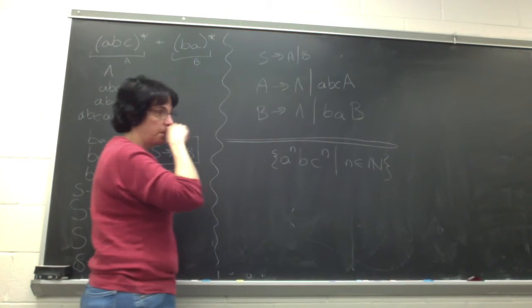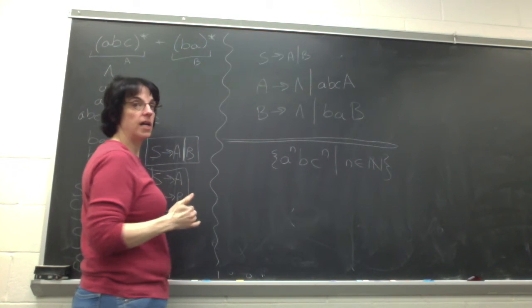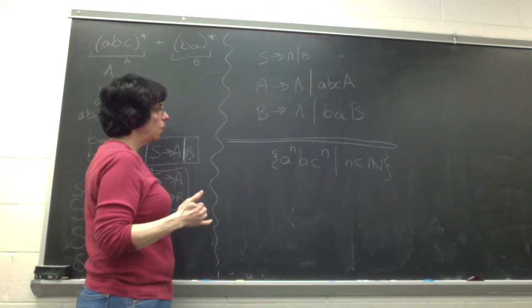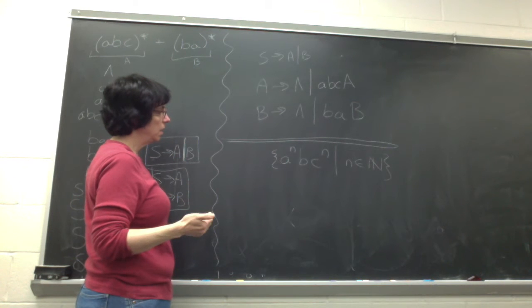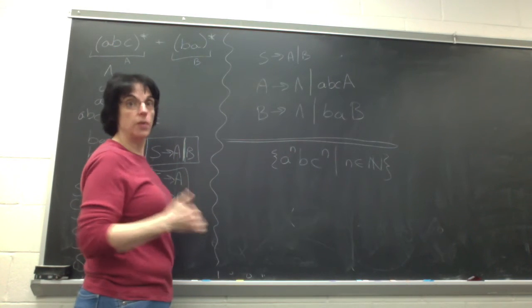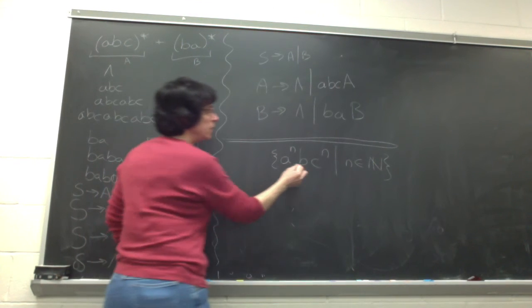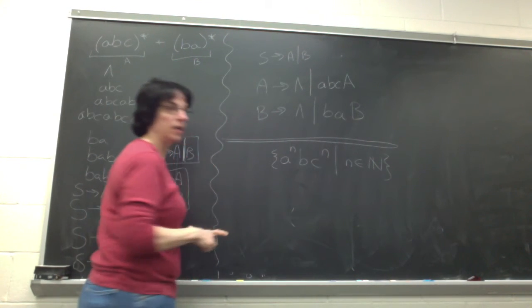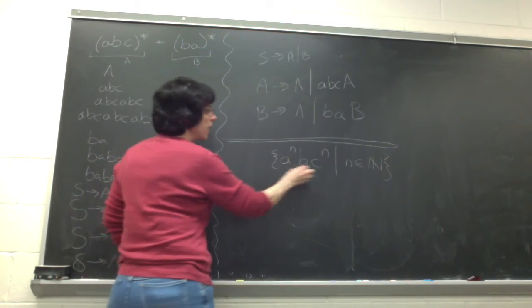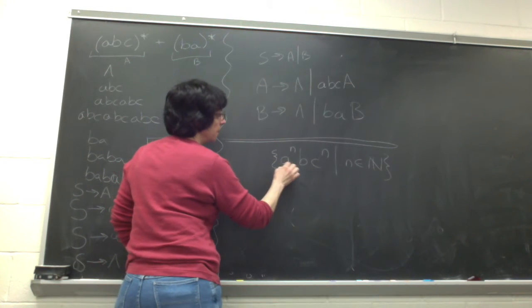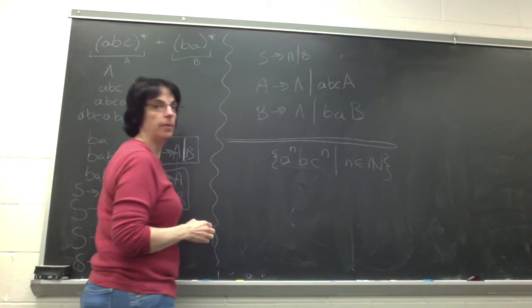So, given that it's not a regular language, we can't use a regular grammar for it. And at this point, you need to think about this bubbling out thing that I talked about, right? For this kind of thing, you need to say, these guys match up.